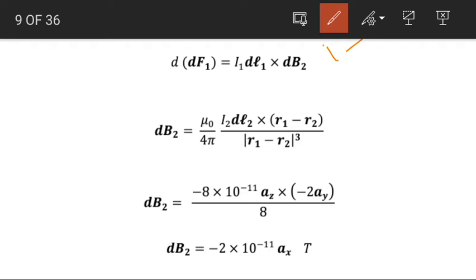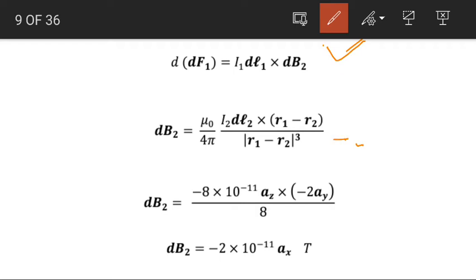The force which is experienced by the first differential current element will be equal to I1 dl1 cross dB2, where dB2 is equal to mu naught by 4 pi into I2 dl2 cross r1 minus r2 by r1 minus r2 raised to power 3.